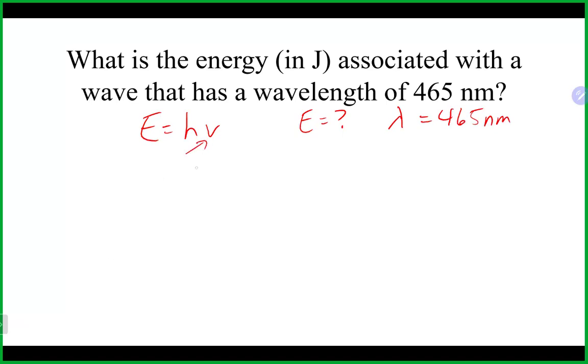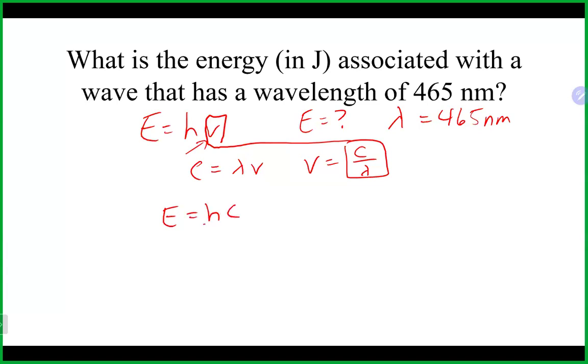So once again, this is a case where we can apply the earlier equation and solve for frequency, which is c divided by the wavelength. We basically can substitute that in, and that would give us E is equal to hc divided by the wavelength. Alternative to that, you could use this equation, get the frequency, and then put it in. It's just a two-step process versus just doing it all together. But whichever way you want to do it, you can.